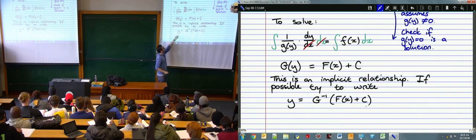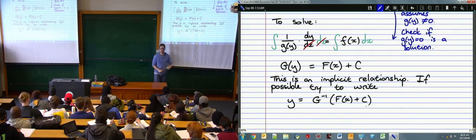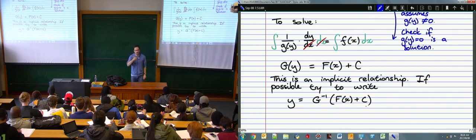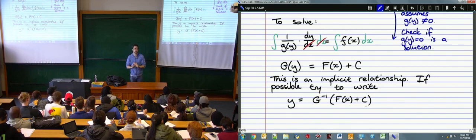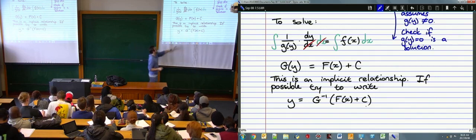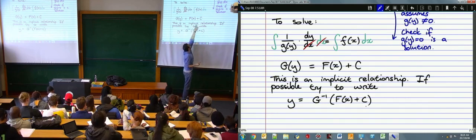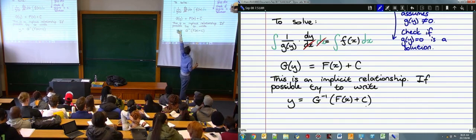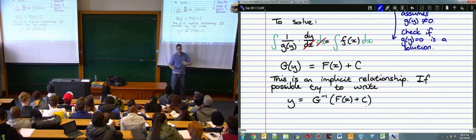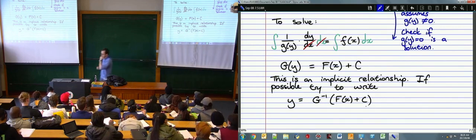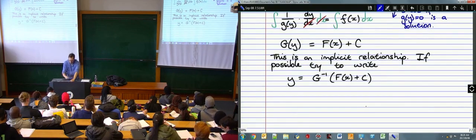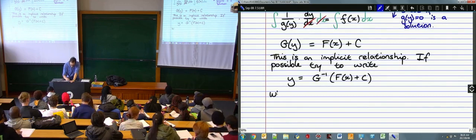And then finally, if we were given any information about y, so if they said that when x is equal to 0, y must be equal to 5, if they specified some initial condition like this, you would be able to solve for this constant of integration. In fact, actually, you can even solve for the constant of integration if you can't get an explicit relationship, but let's just add that in as well.